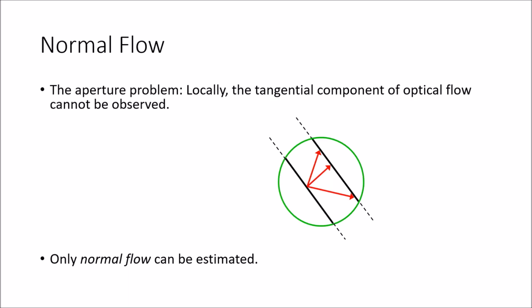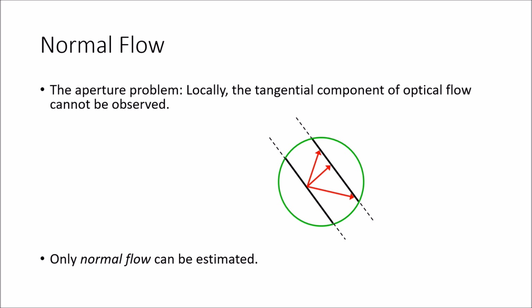Computing optical flow is a two-stage problem. In the first stage, we usually can only compute one component out of the two-dimensional optical flow. This is the component perpendicular to edges or normal to edges, thus the name normal flow.